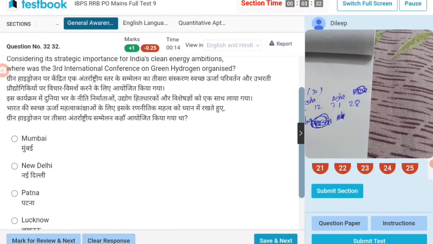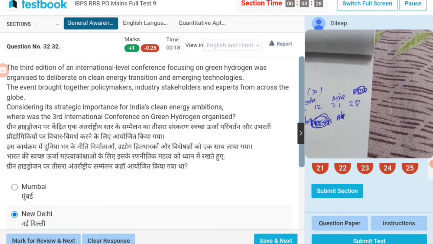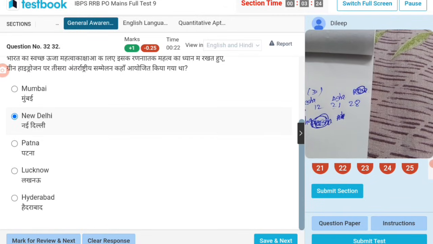Green hydrogen. Where was the third international conference on green hydrogen organized? Lucknow or Delhi?